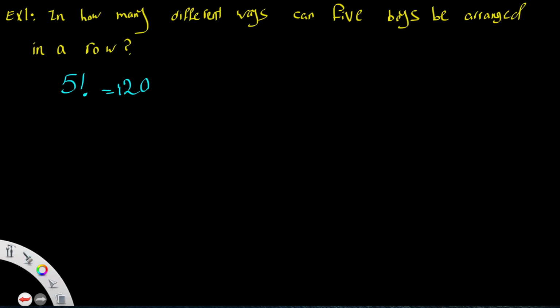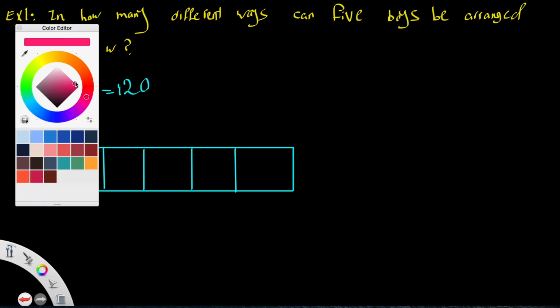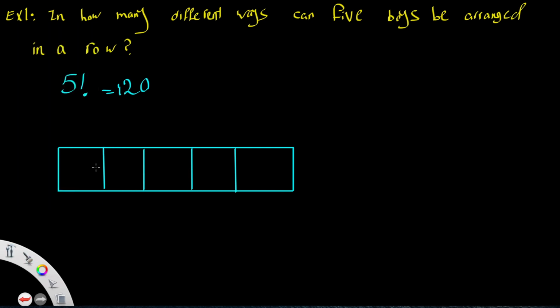Now let me put it in this way again. I want to show in a table what happens. As we have 5 boys and they are going to be arranged in a line, we have 5 positions here, position 1, 2, 3, 4, 5, for each individual boy.